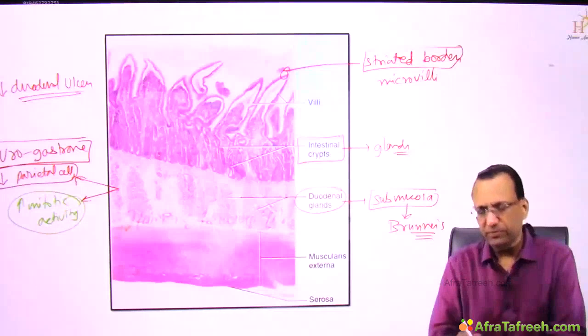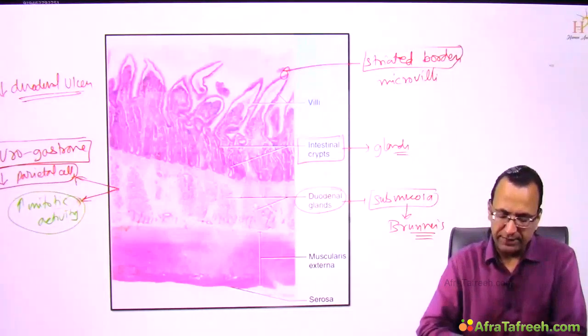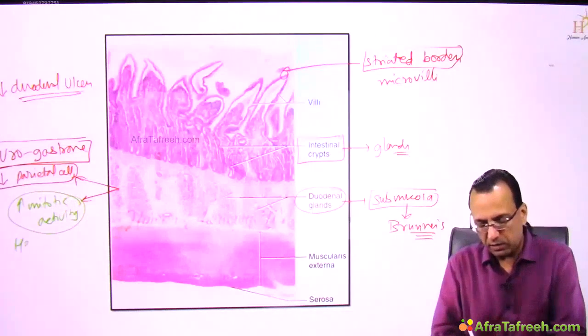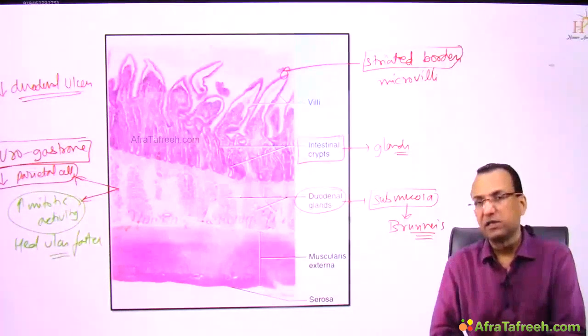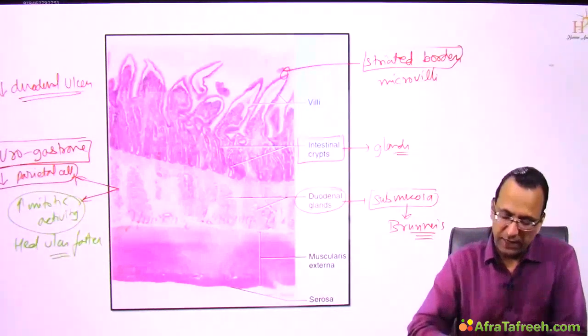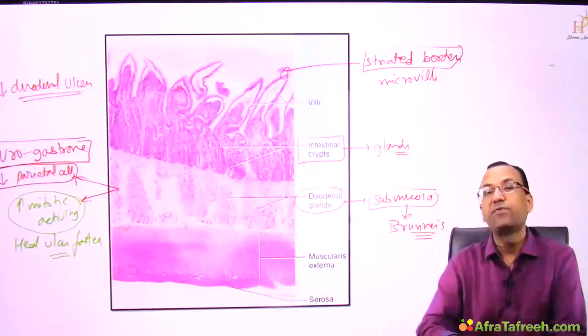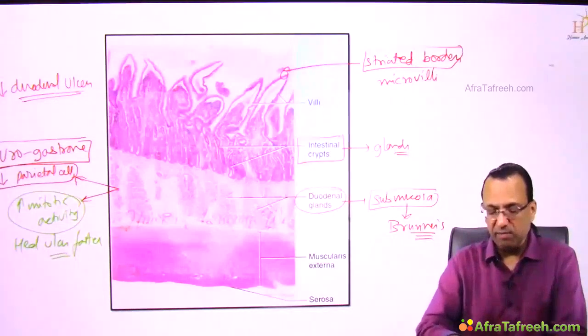What is the use of increasing mitotic activity of the epithelium? It is to heal the ulcer faster if there was some duodenal ulcer already present. So there can be some break in the mucosa, there can be duodenal ulceration. You want to heal it faster, so you will increase the mitotic activity.